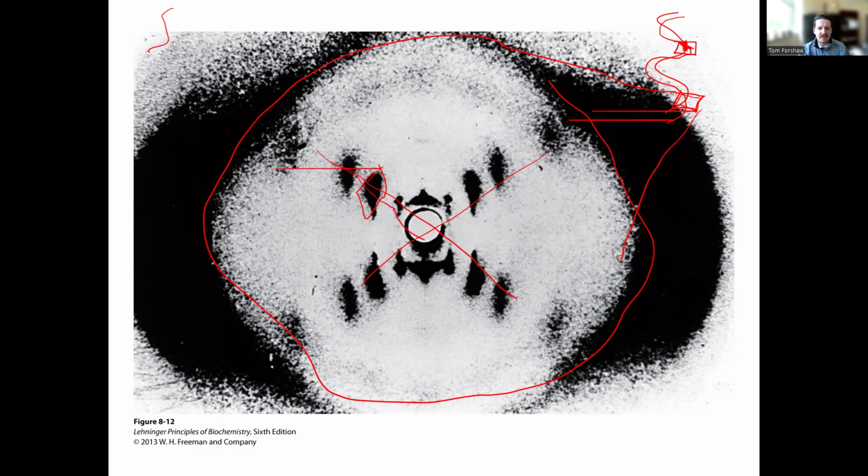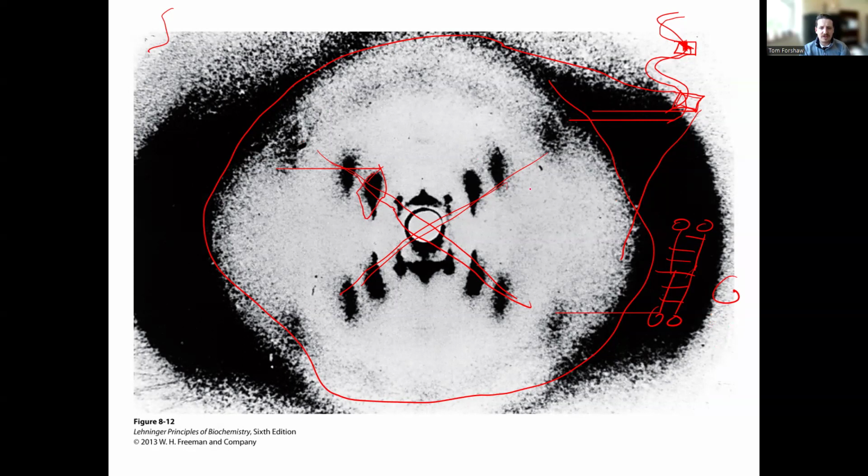And the fact that it's like this cross indicates that it must wind as a helix, where you have perhaps a ladder, but the ladder has twisted. You have this twist in the ladder.